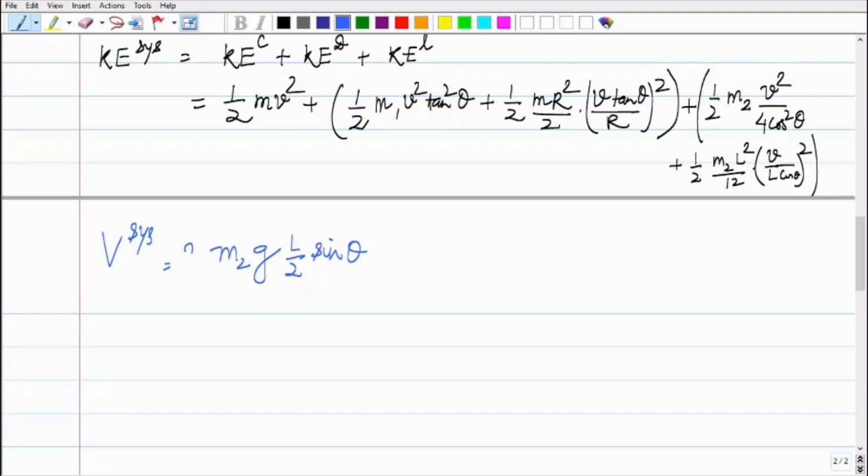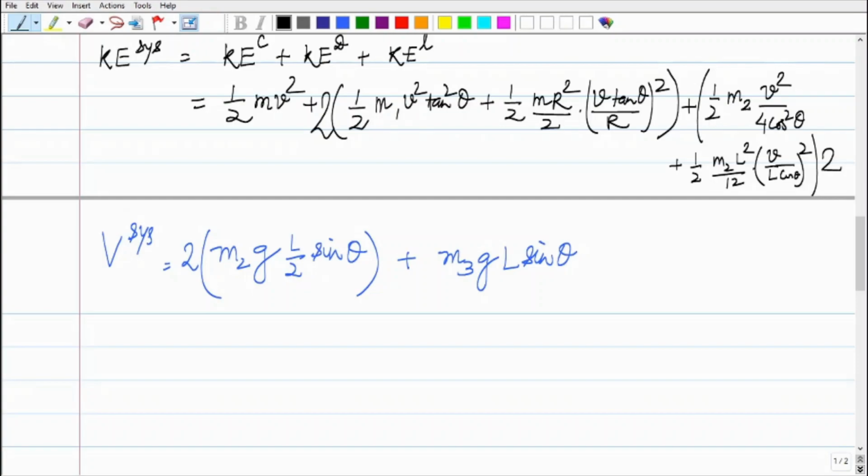And remember there are two links, so it has to be multiplied by 2, plus the potential of the collar, which is nothing but m3 g into L sine theta. Right? And see, we have also missed 2 above here. So for the disk, there are 2 disks, so we have 2 times this. Likewise, for the link, there are 2 of them, so it is 2 times this. Okay, so we have now written down kinetic energy and potential of the system.